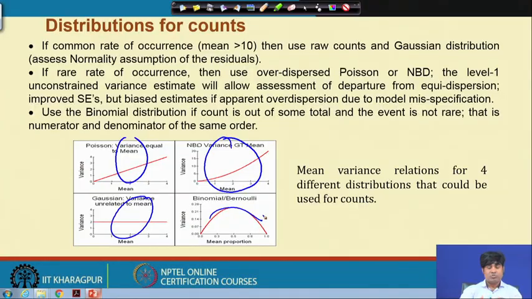That choice exclusively depends upon the mean and variance. If mean and variance are the same, then we directly move into Poisson regression modeling. And if there is an overdispersion case where mean and variance are not equal, that means variance is greater than mean, we can go to negative binomial regression modeling.